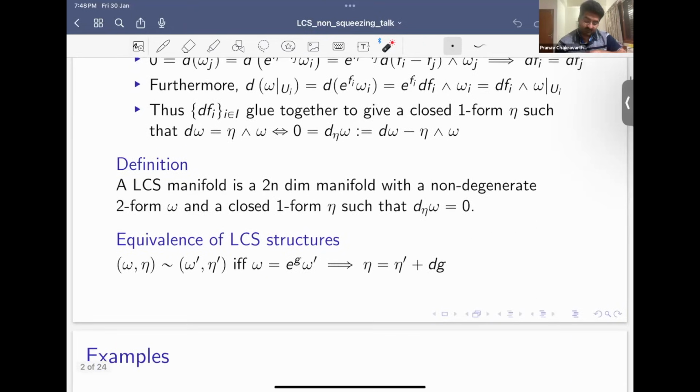And so for the purposes of today's talk, we can define an LCS manifold to be a 2n-dimensional manifold with a non-degenerate 2 form and a closed 1 form such that the twisted differential is equal to 0. There are other equivalent definitions using line bundles with a flat connection, but that's not required for today's talk.